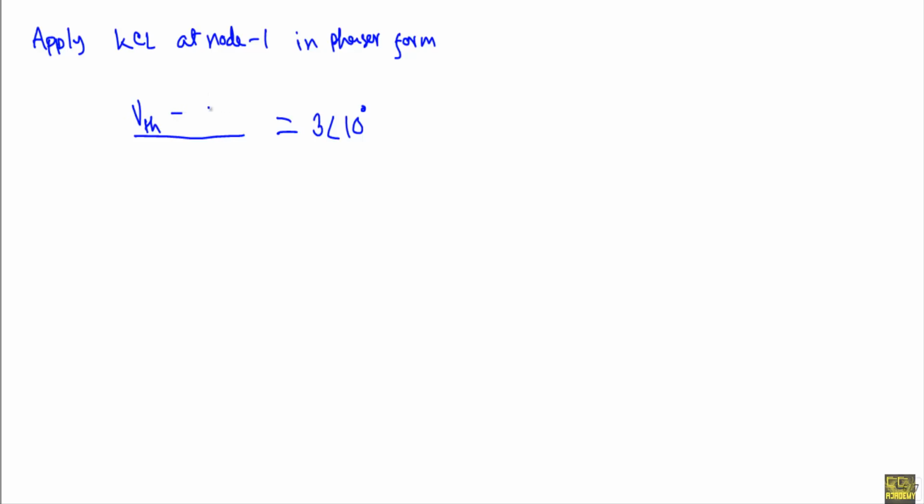So here you will see VTH will be IS3 into Z4 plus VS3.